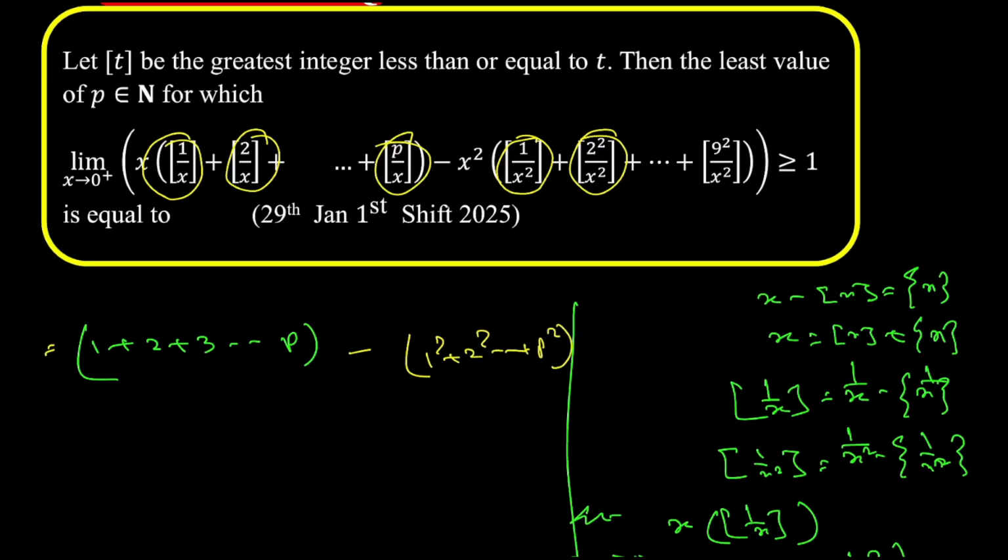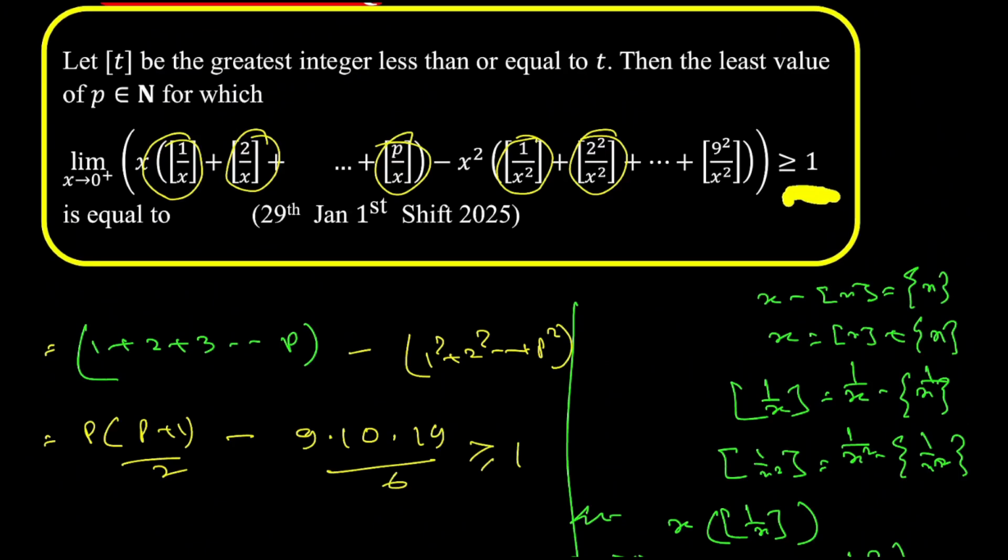And it has been given p into p plus 1 by 2 minus, directly using the formula, 9 into 10 into 19 by 6, greater than or equal to 1. We are given that this is greater than or equal to 1.